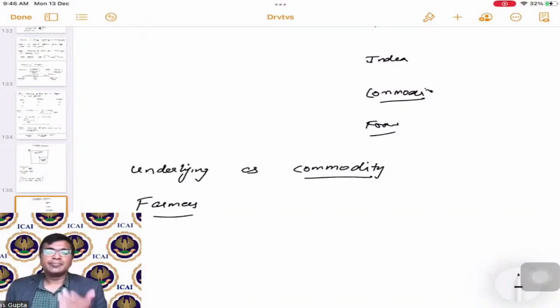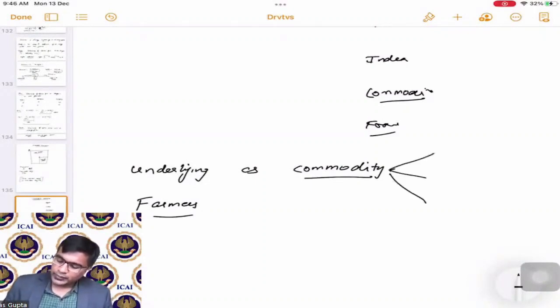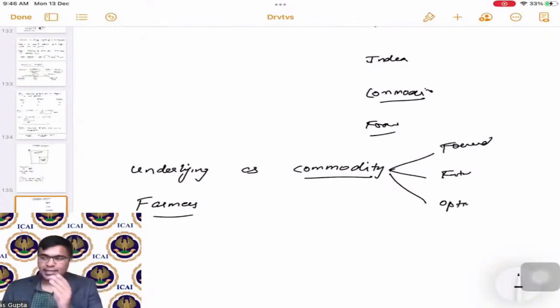He has to sell. In commodity also, there are all three things: forwards, futures, and options. All the concepts that we have studied on valuation will apply here.